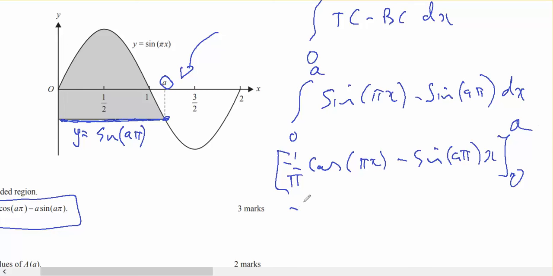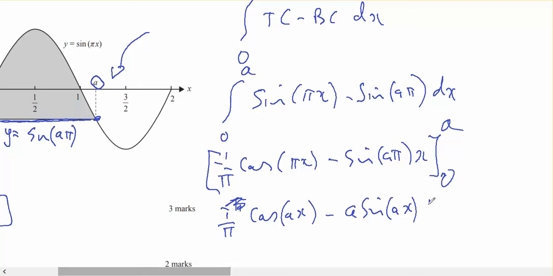Putting in the a first, 1 on pi cos of a pi x minus a sine of a pi x, putting in the 0, plus 1 on pi cos of 0 plus a sine of 0.